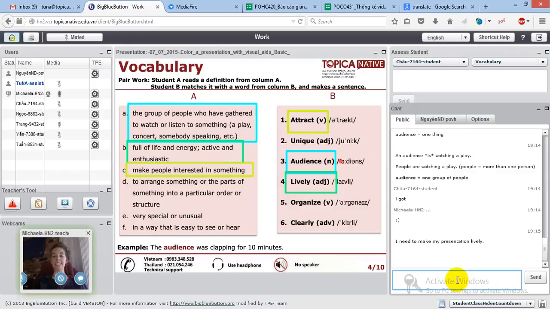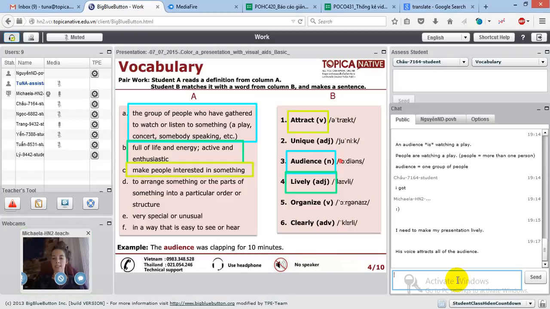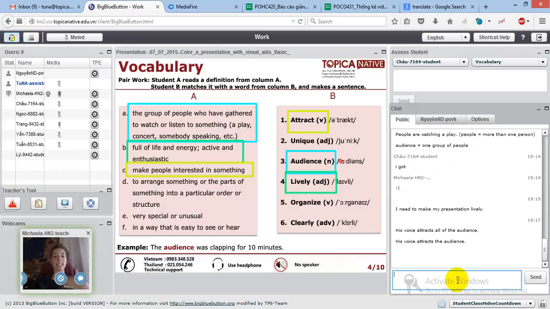Can you use that in a sentence? Yeah. His voice attracts all audience. Excellent. His voice attracts all of the audience. Just add that word all. After all, you need of the audience, or his voice attracts the audience. Yeah. Attracts all the audience, or just his voice attracts the audience.